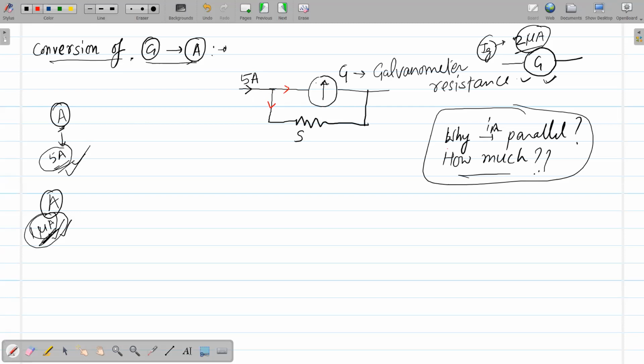So I hope you are getting the answer to why in parallel, because we don't want the whole current to flow through the galvanometer. That means we'll have to divide this current, and division of current is possible only in parallel combination. So we are connecting some resistance in parallel. Is it clear? Why in parallel?